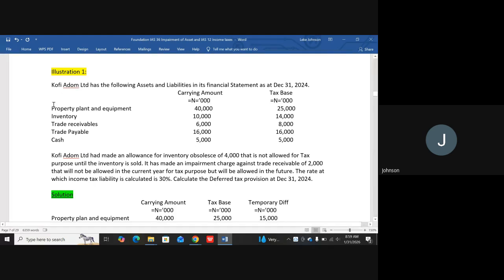So here we have the property, plant, and equipment. Okay, we have the carrying amount to be this amount. Then we also have what the taxman is having. Now you know that the taxman is actually different from the accountant. The accountant is using depreciation, right?